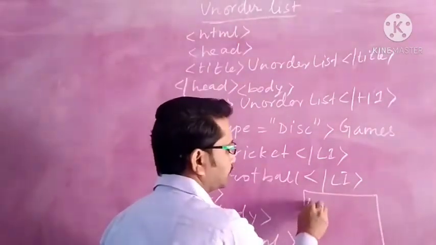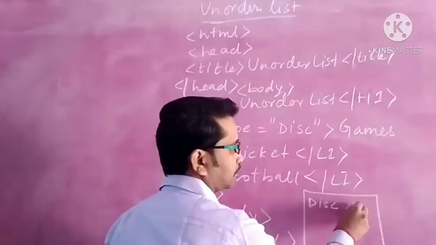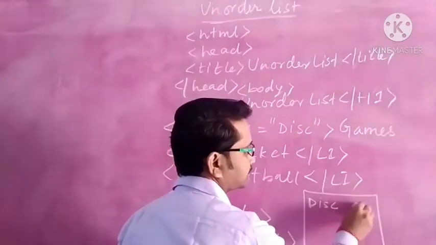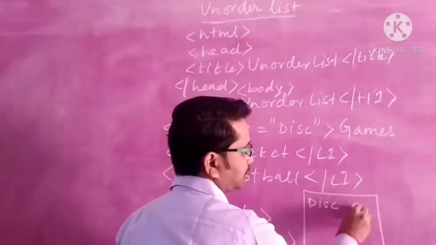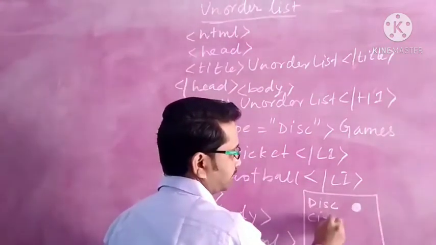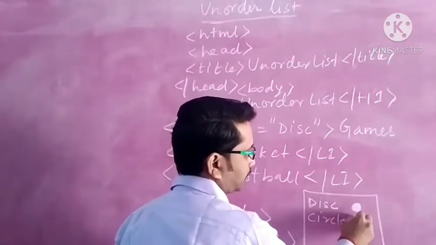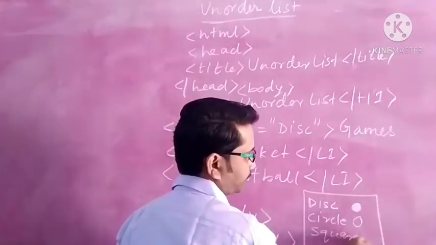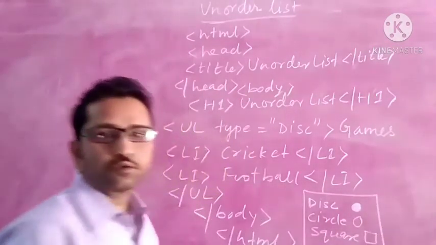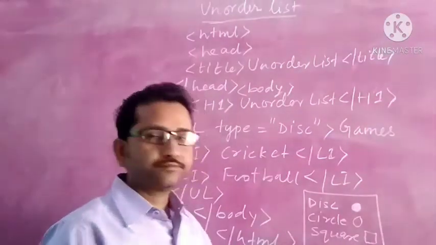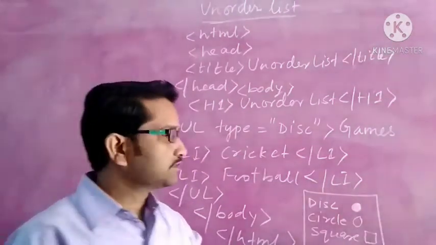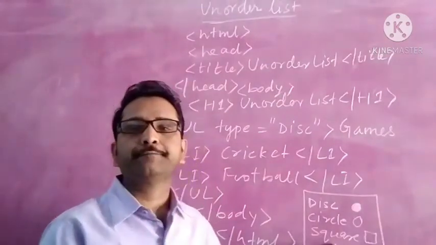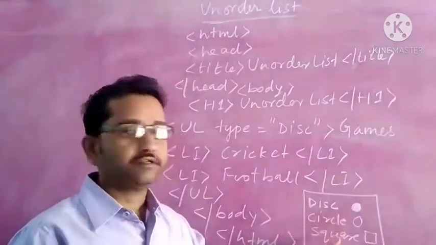First one is disk, which appears like this, then circle, and the last one is square. So these are the 3 ways we declare an unordered list.